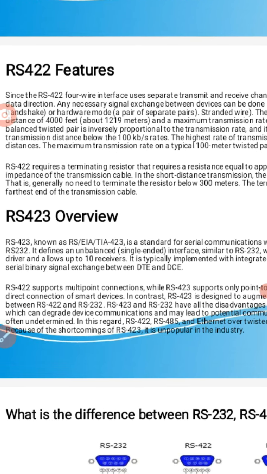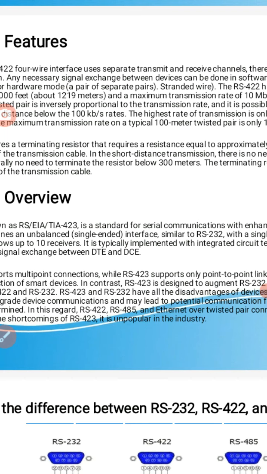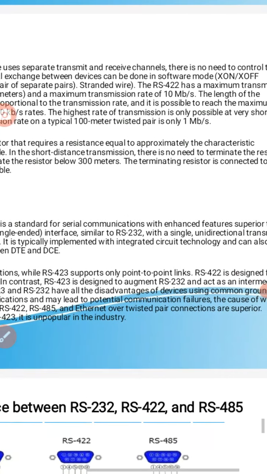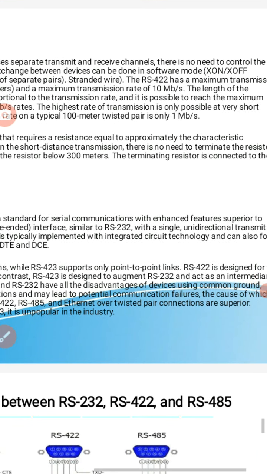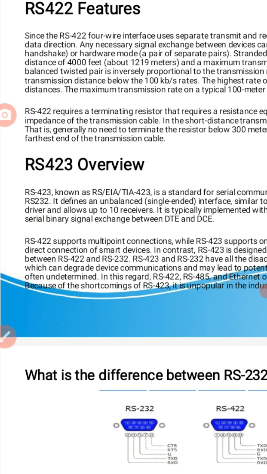RS423 overview. RS423, known as RS-EIA TIA 423, is a standard for serial communication and enhanced with features superior to RS232.